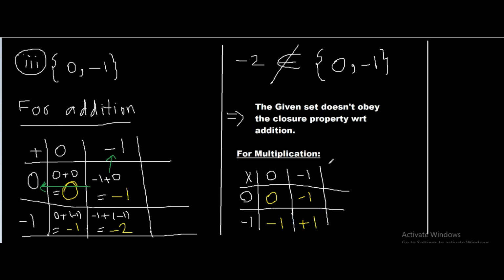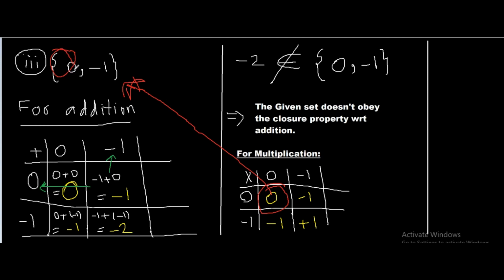Now let's analyze. If you pay attention to all of these 4 results in an arrangement, then what happens? Let's see the first result, which was 0. If you check this 0 in the given set, you find that yes, it is included in this set.